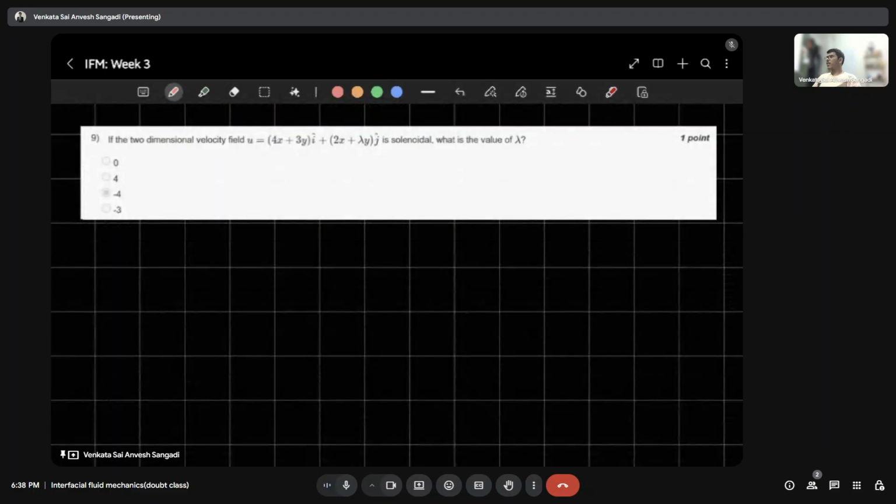Now the next question says, if the two-dimensional velocity field u given by (4x plus 3y) i cap plus (2x plus lambda y) j cap is solenoidal, what is the value of lambda?